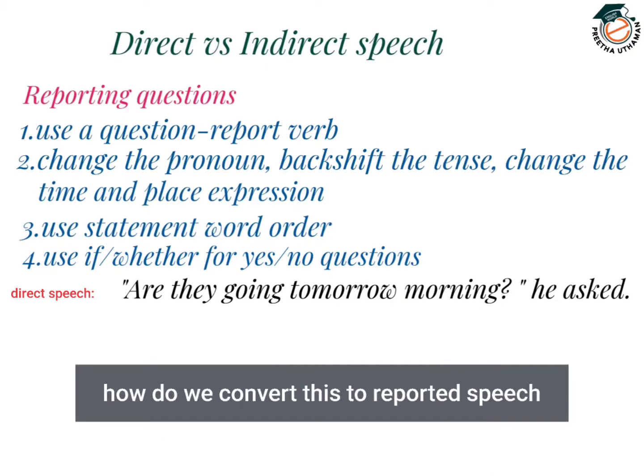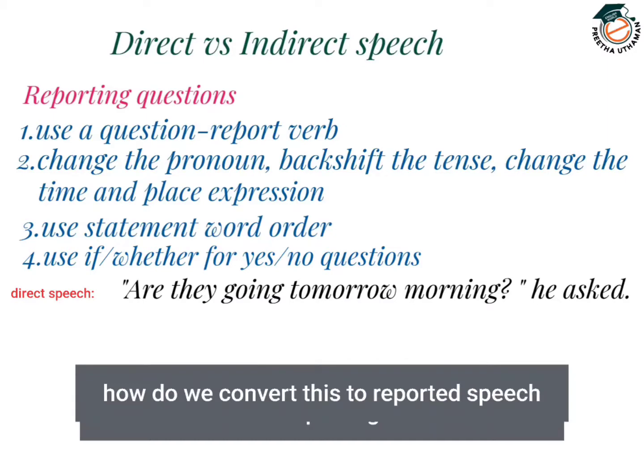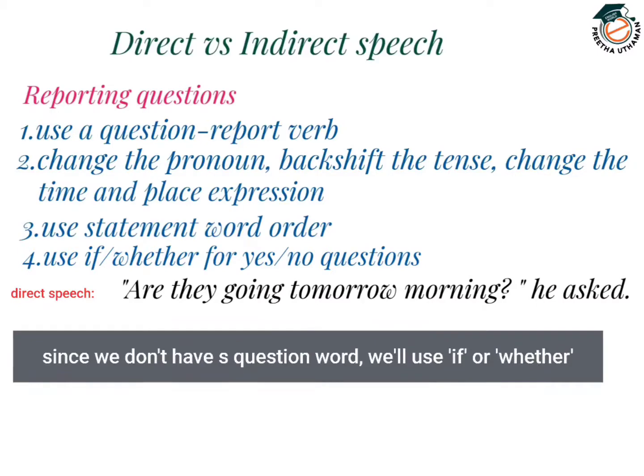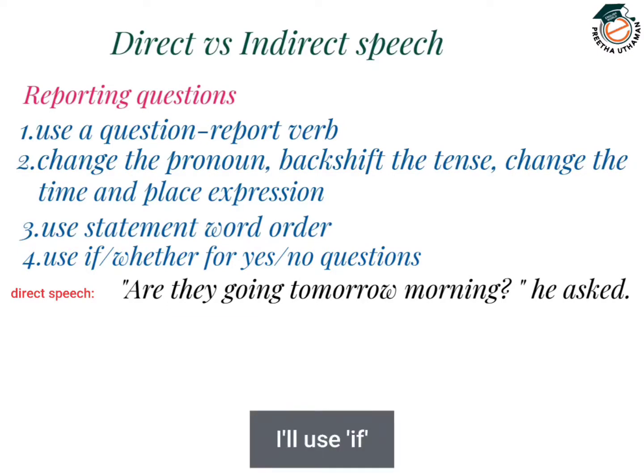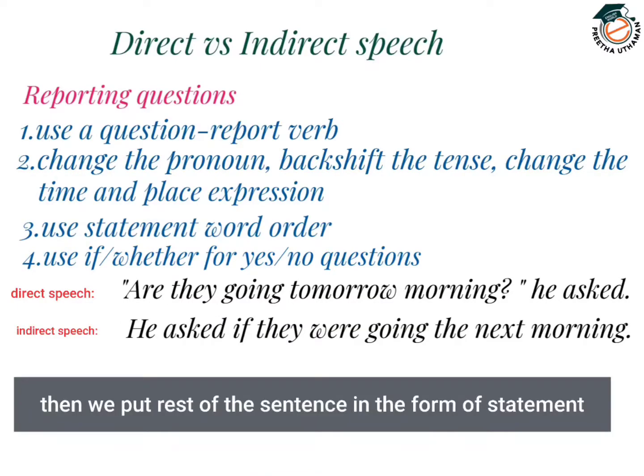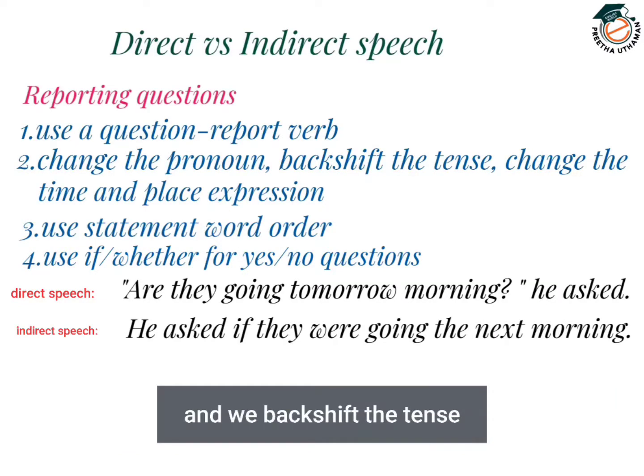So how do we convert this to reported speech? We start with the reporting verb, he asked. Since we don't have a question word, we'll use if or whether. So I'll use if. He asked if. Then we put the rest of the sentence in the form of a statement, and we backshift the tense.